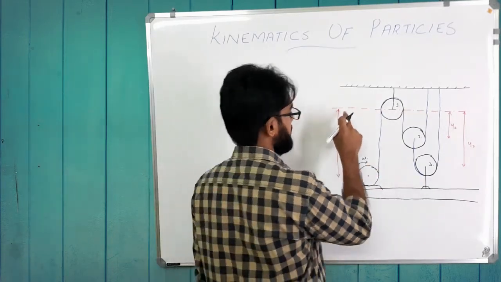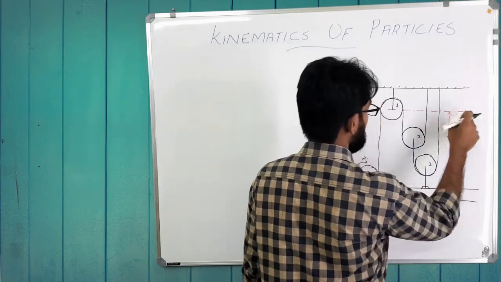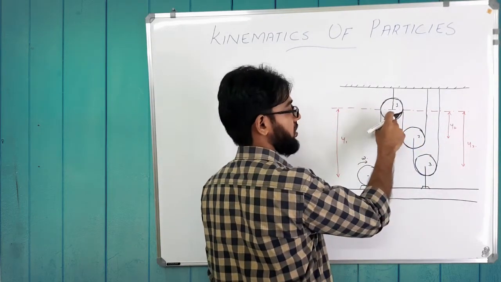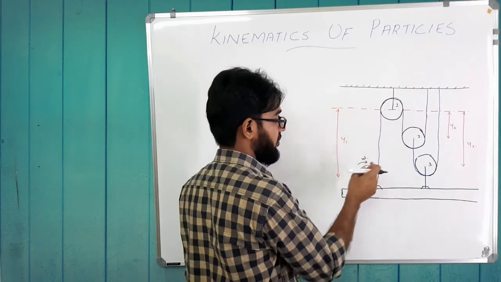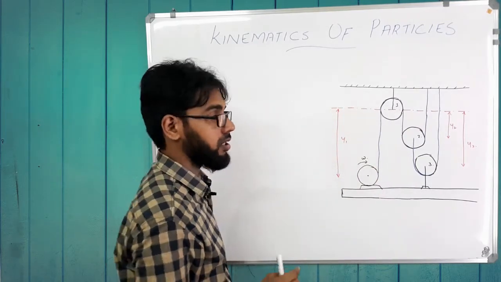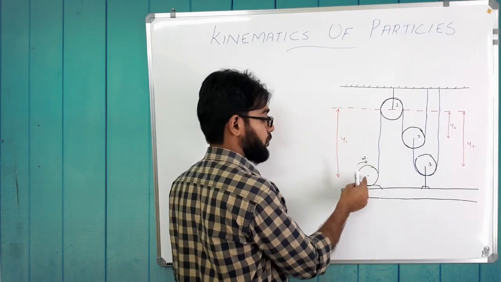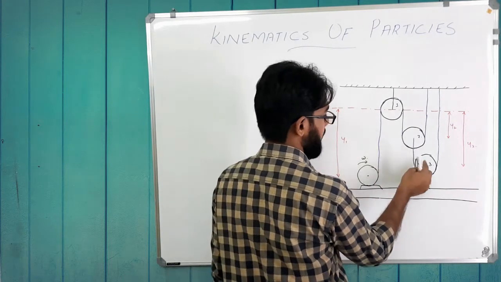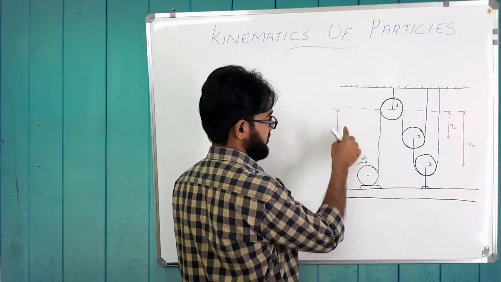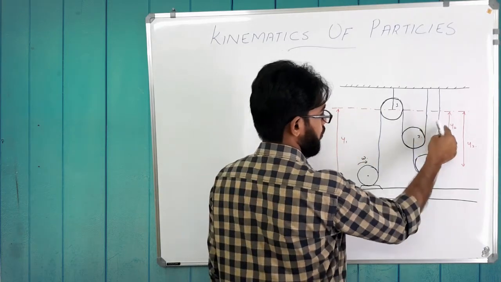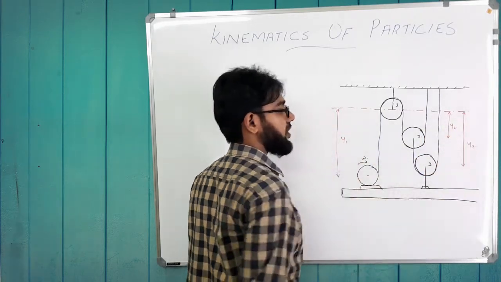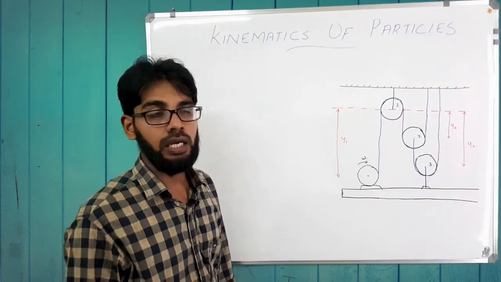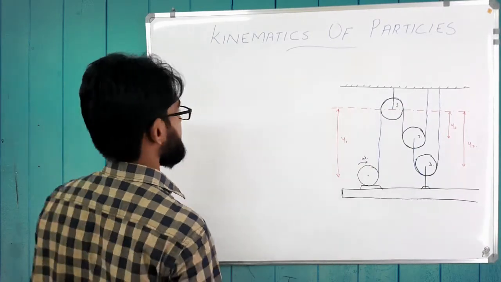Now I choose the datum along the fixed pulley 1. So the corresponding position coordinates of the drum and pulleys 2 and 3 can be given as y1, y2 and y3 respectively.